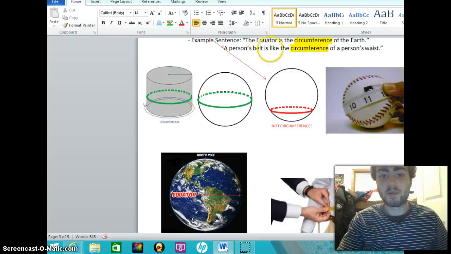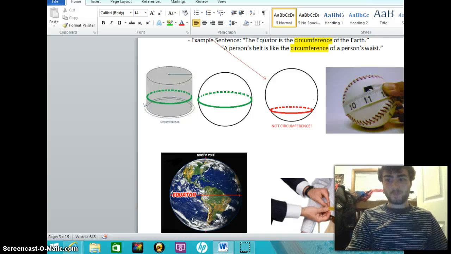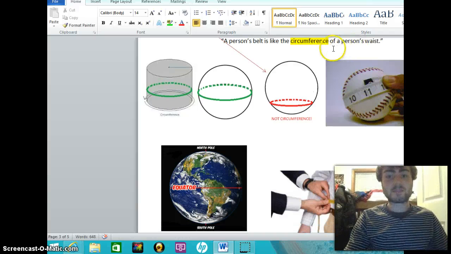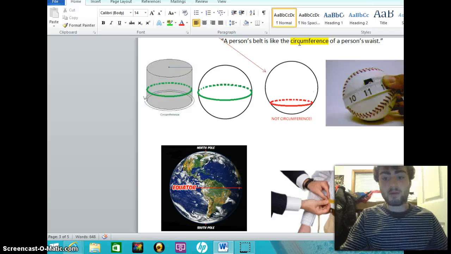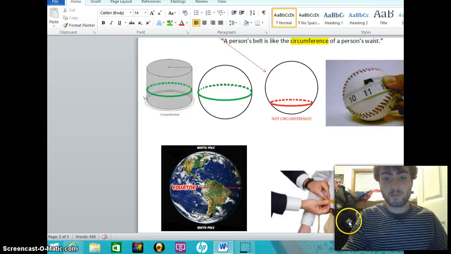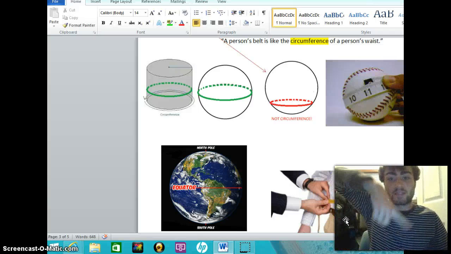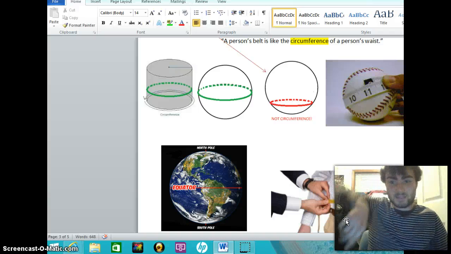A person's belt is like the circumference of a person's waist. Repeat this back to me, please. A person's belt is like the circumference of a person's waist.